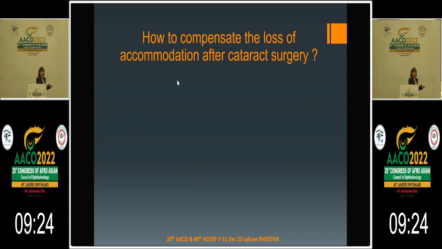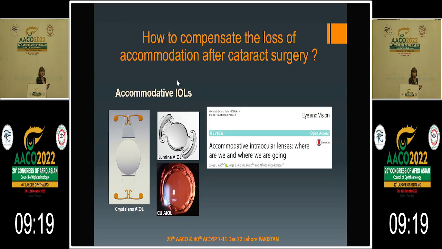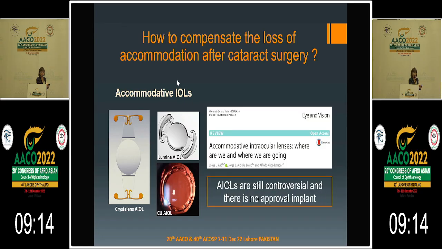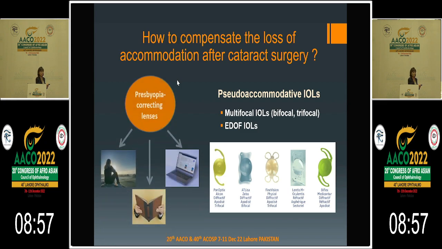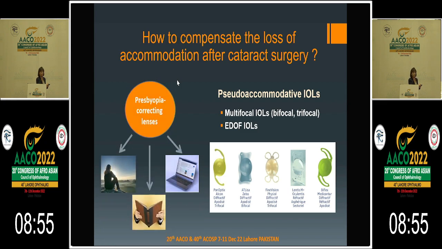So, how to compensate the loss of accommodation after cataract surgery? We have accommodative IOLs, but these IOLs are still controversial and there is no approved implant. And we have the pseudo-accommodative IOLs like multifocal IOLs and extended depth of focus IOLs that provide the patient distance, near and intermediate vision, and therefore glasses independence.